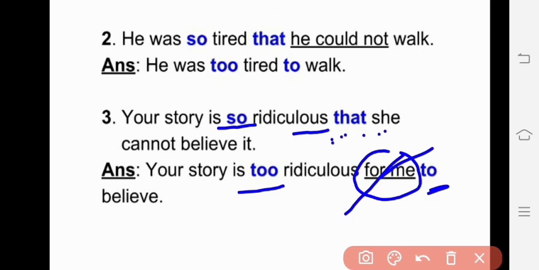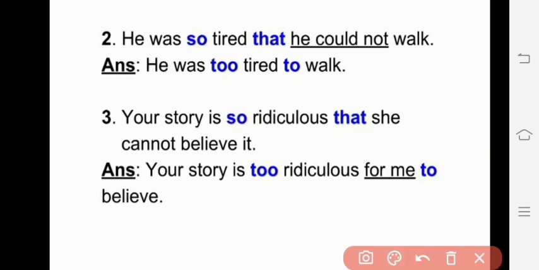Both ways are acceptable as an answer. The answer may be like this: your story is too ridiculous to believe. Or you can write the sentence by using the pronoun with for as an additional part: your story is too ridiculous for me to believe. So here we conclude the chapter.